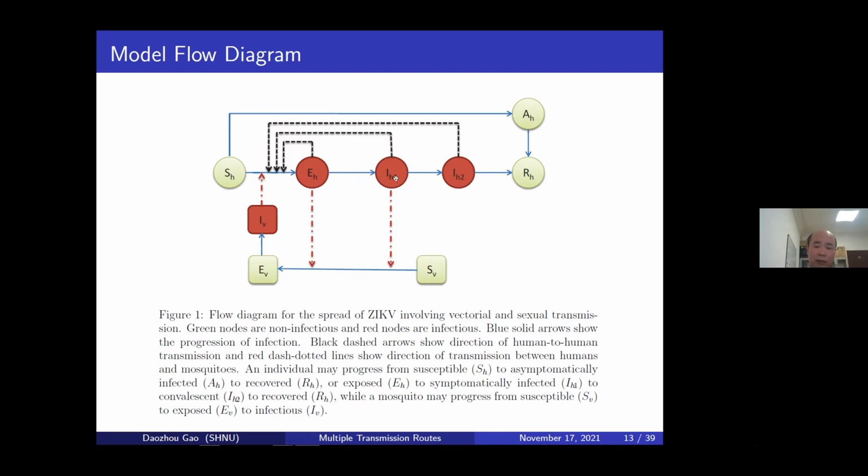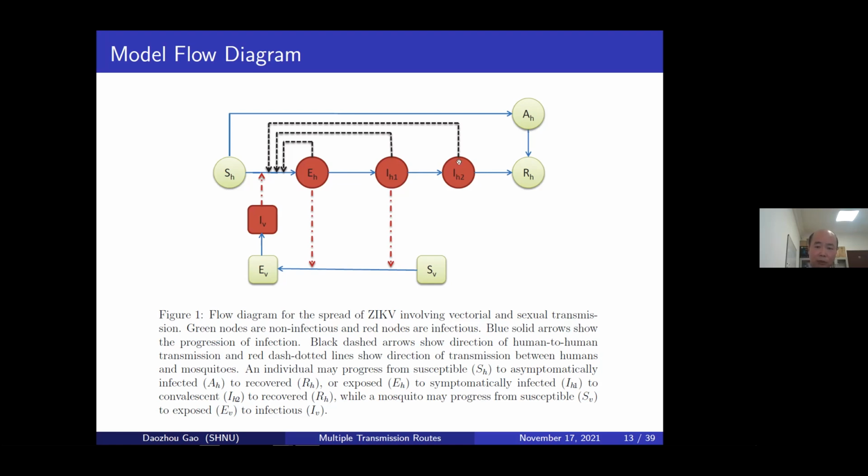So here we divided the symptomatic infected humans into two: the symptomatic infected humans and the convalescent humans. That's because in this stage, there's no virus in human blood, but there may still be virus in other body fluids like semen.